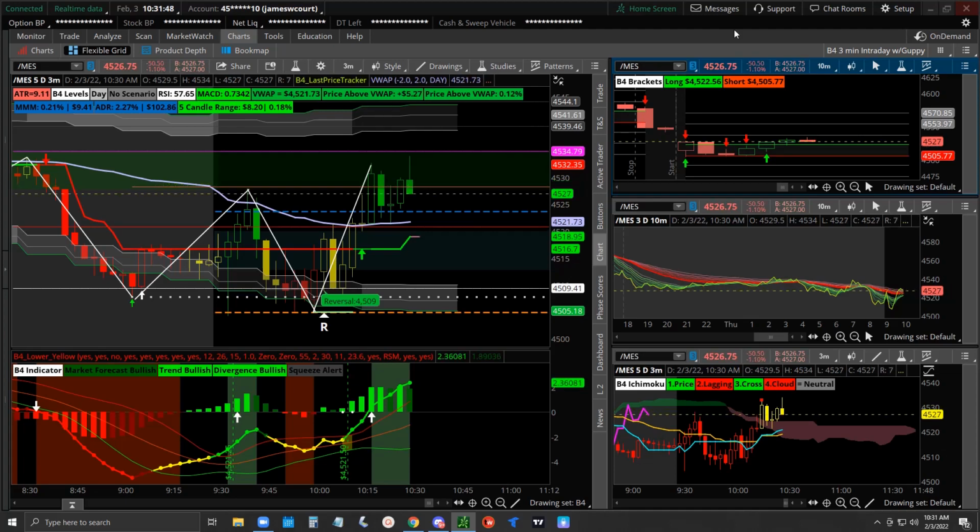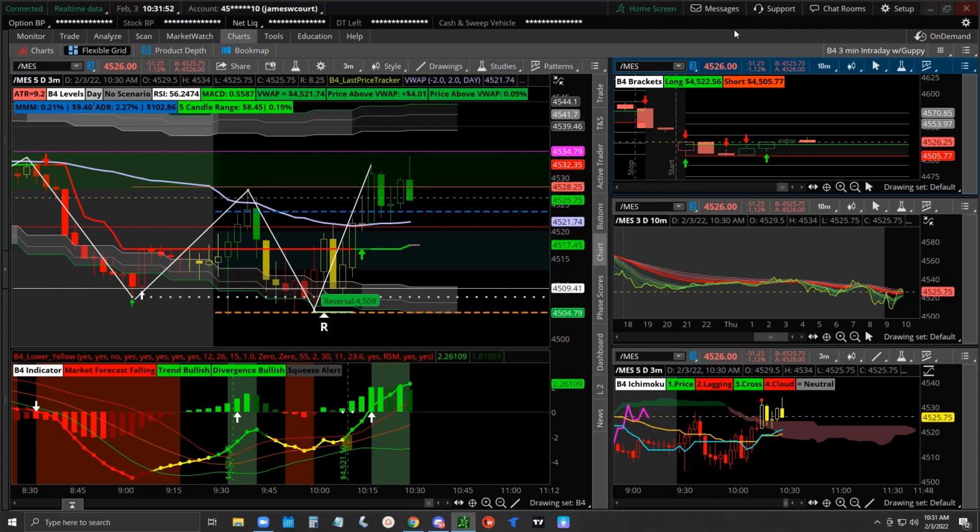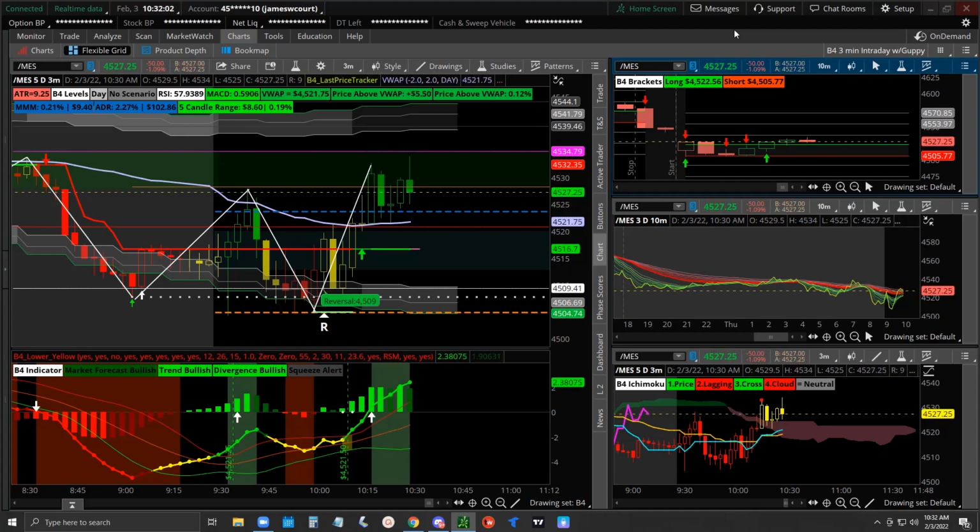So bears want to close a bar below, let's see, the mother bar's low range, somewhere around here, to come down and test here, but we could actually bounce from there. So if I don't see a bar going below 45, 24, 25, I'm not going to bother with this bear move down.